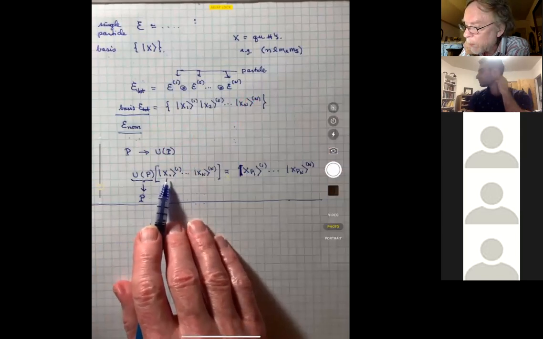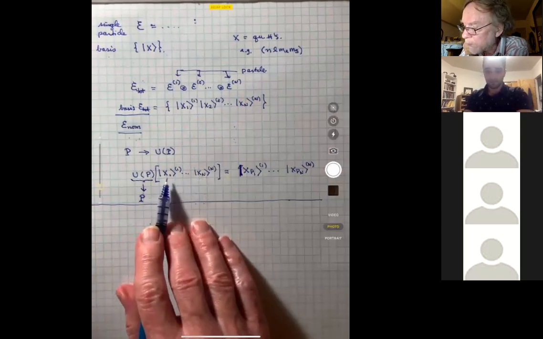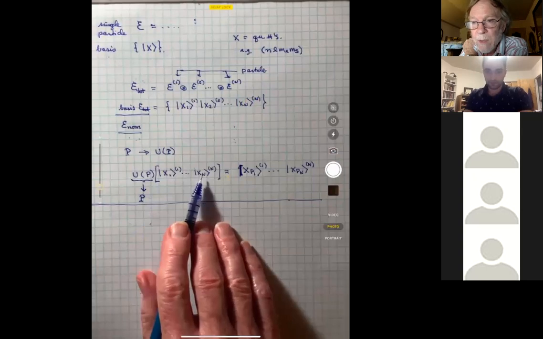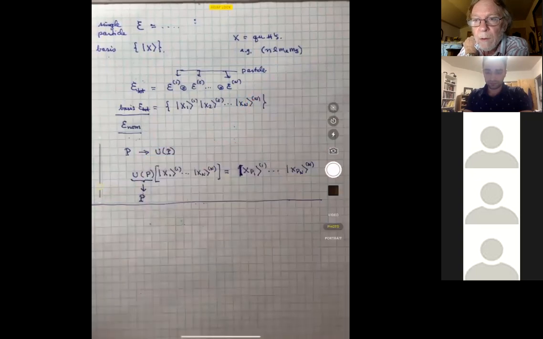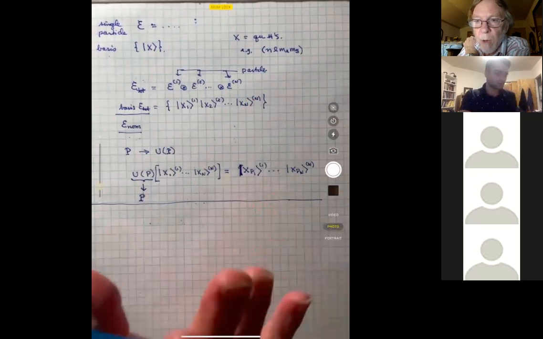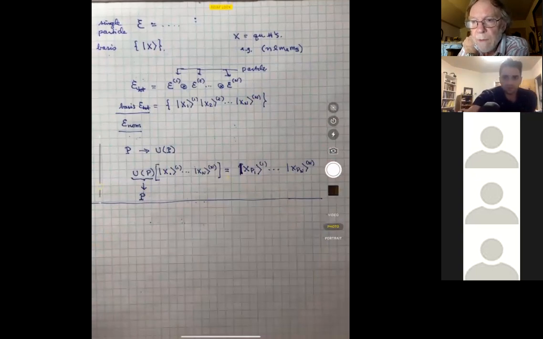Any one for particle 1, any different basis state for particle 2, a different one for particle 3, and so on. That gives you a collection of n of these x's. And each of these x's ranges over all possible values of the single particle quantum numbers. Does that make sense? That's a way of creating products of all possible basis states of all possible single electron states. Okay, thanks. Okay, and that gives you the basis for the multi-particle Hilbert space.